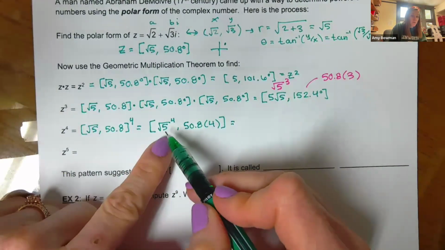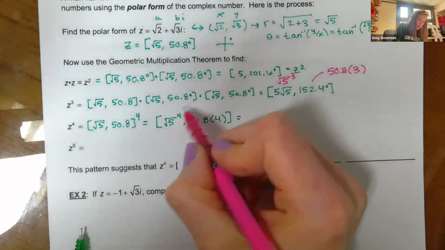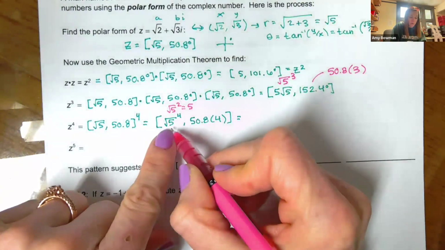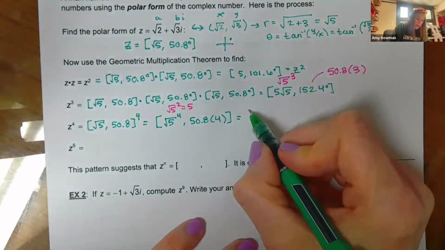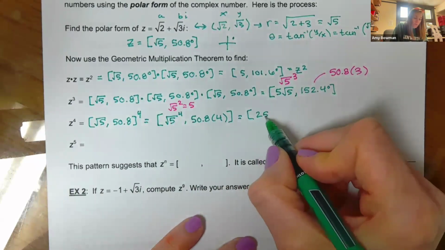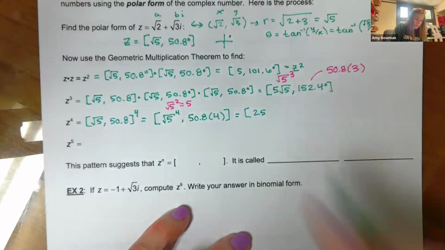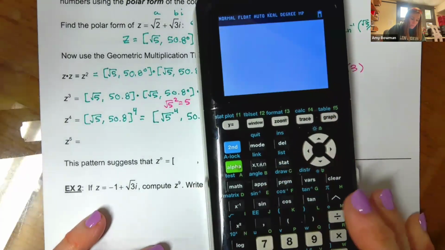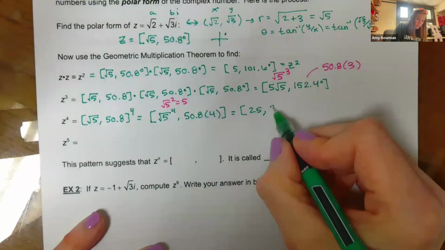Well, root 5 squared is 5. So basically I have 2 of those. So that's just going to be 5 times 5, essentially. So that's going to result in 25. If you don't believe me, you can just type in square root of 5 to the fourth power. You'll get 25. Then for theta, it's just 4 times 50.8, which is 203.2.